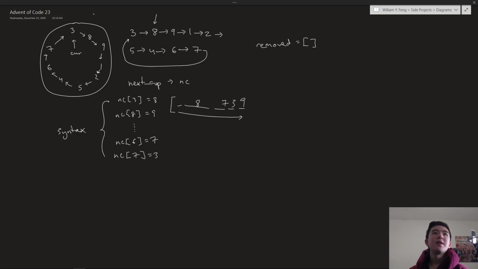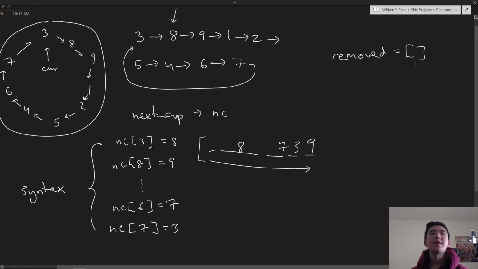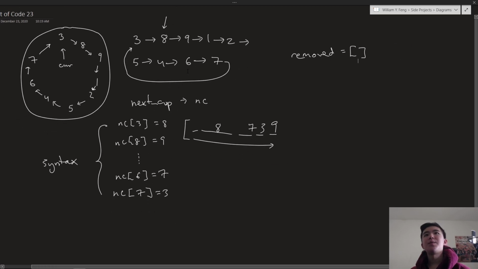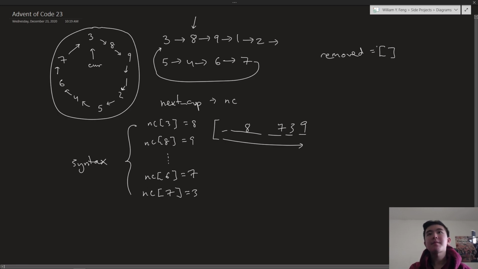Current is 3, so we go to the next element in the list by using NC of 3, and we get to 8. So removed becomes 8. After that, we just repeat this process 2 more times. We go to the next element. NC of 8 is going to be 9, and so this becomes 8 and then 9. And then the next element of 9 is 1, so it becomes 8, 9, 1. And this is what removed becomes.